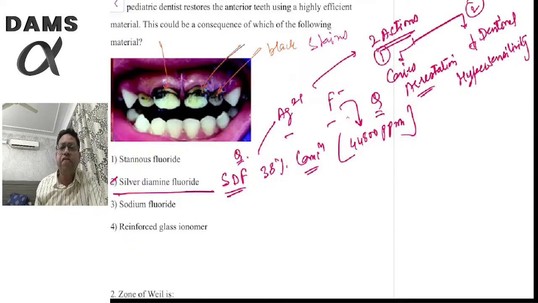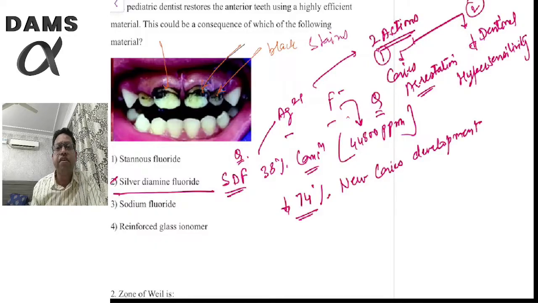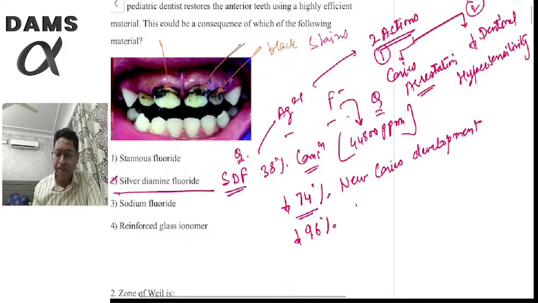And it has been found that when 38% silver diamine fluoride is applied, there's a reduction of about 74% in new caries development, and there is a 96% decrease in caries activity.